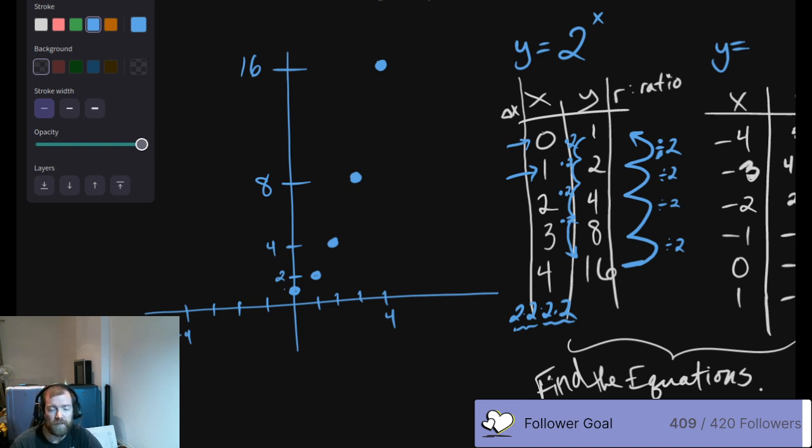And then we've got on the other side, because we don't actually show that on this set, but if we divide by 2 over and over again, we've got -1 by a half, -2 by a quarter, -3 by an eighth, -4 by a 16th, etc.